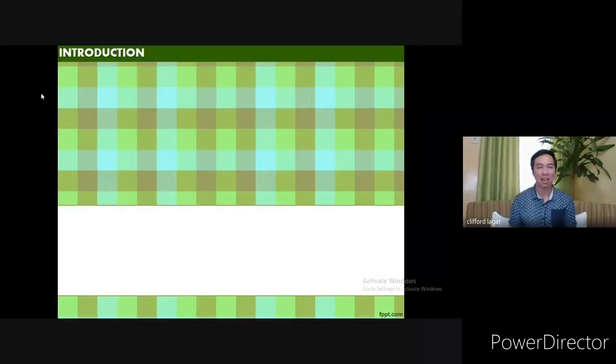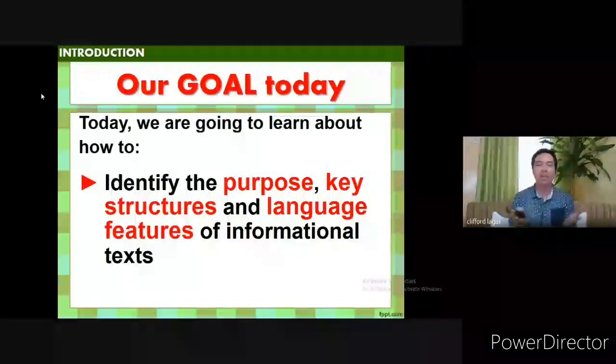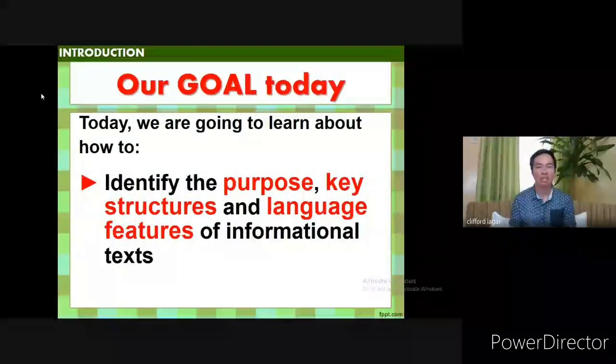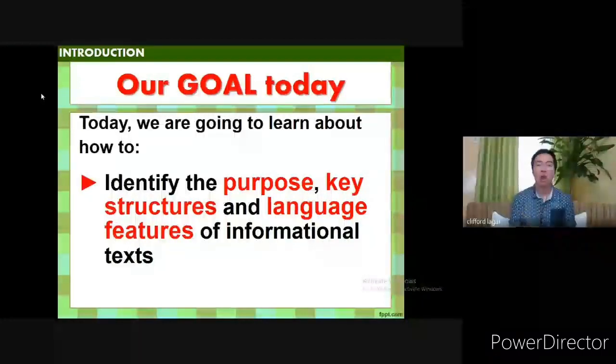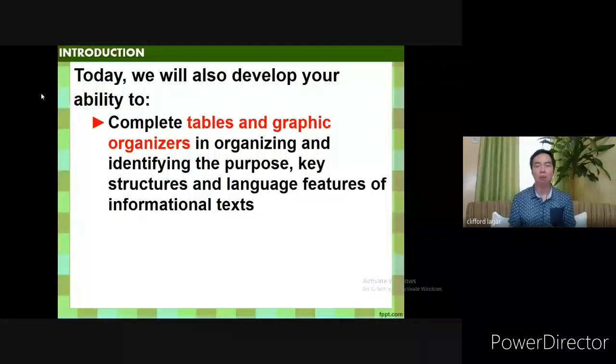So let's move on. Our goal for today is for you to learn how to identify the purpose, the key structures, and the language features of informational text. As you go on learning this skill, you will also develop your ability to complete the tables and graphic organizers in organizing your ideas and in identifying the purpose, the key structures, and the language features of the different informational texts.